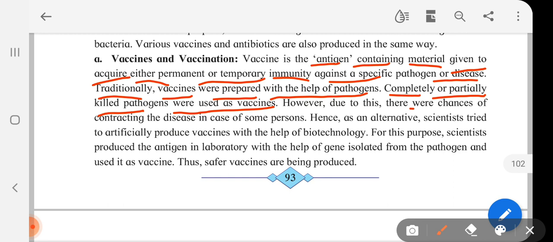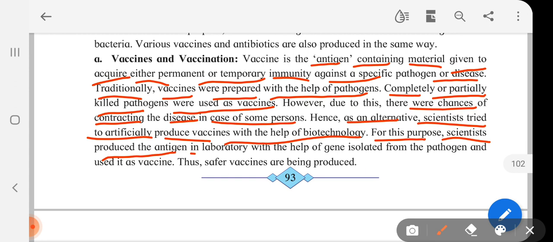However, due to this, there were chances of contracting the disease in some persons. Hence, as an alternative, scientists tried to artificially produce vaccines with the help of biotechnology. For this purpose, scientists produce the antigen in the laboratory with the help of a gene isolated from the pathogen and use it as a vaccine. Thus, safer vaccines are produced.